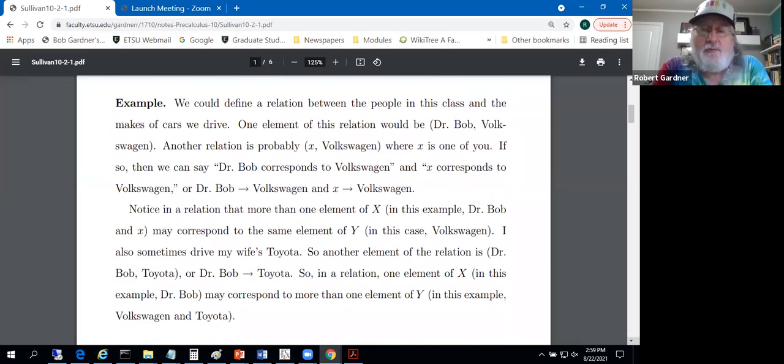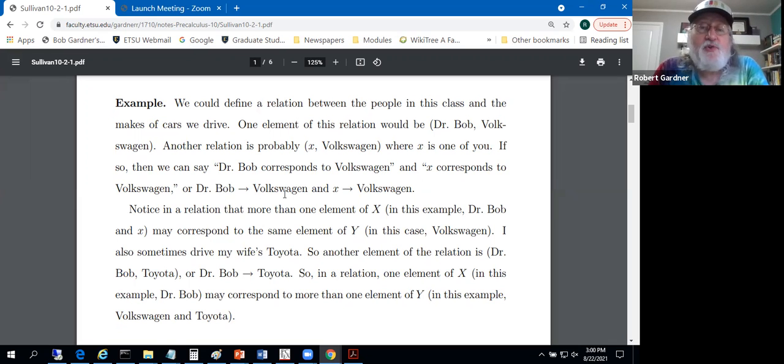So a quick little made-up example to illustrate a relation. We could define a relation between the people in this class and the makes of cars we drive. One element of this relation would be Dr. Bob, Volkswagen. Another element is probably x, Volkswagen, where x is one of you. If so, then we say Dr. Bob corresponds to Volkswagen, and we say x corresponds to Volkswagen.